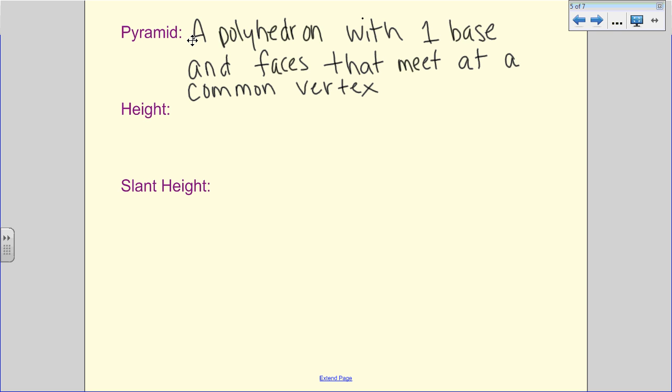The height of a pyramid is the inside height. Okay, it goes from the vertex to the base on the inside of it. The slant height is what we would call the outside height.